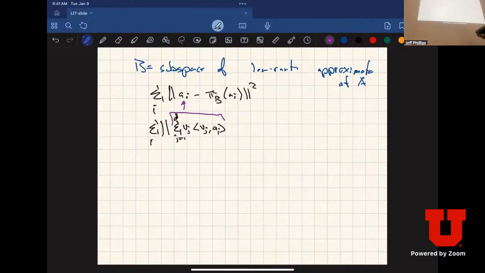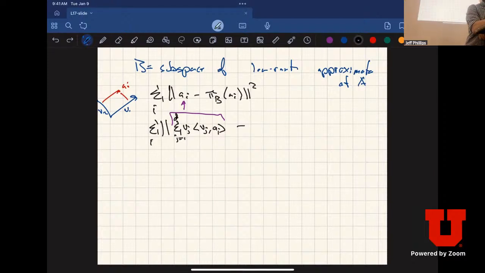I've just written it in the basis V1, V2, and so on, defined by these right singular vectors.